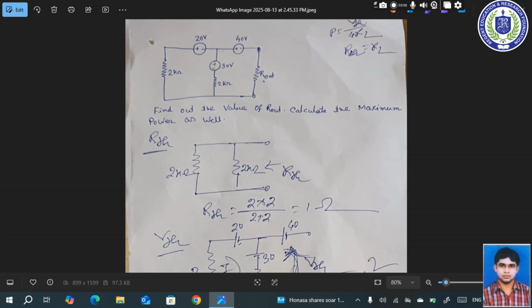All the voltage sources are replaced by their internal resistance, which we consider to be 0.